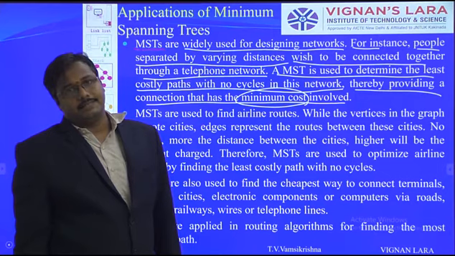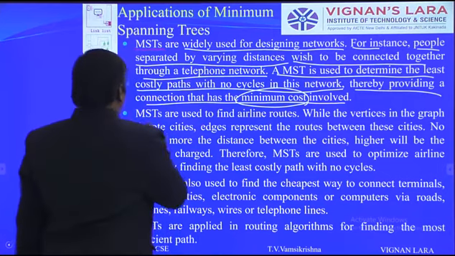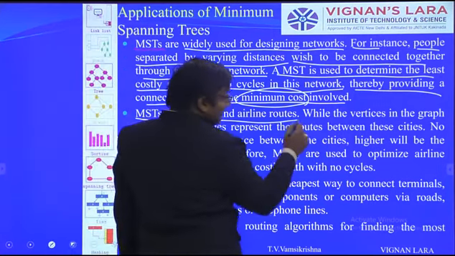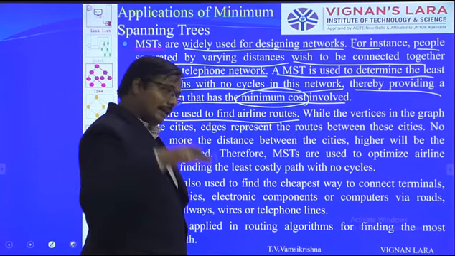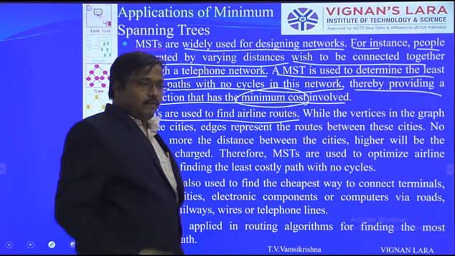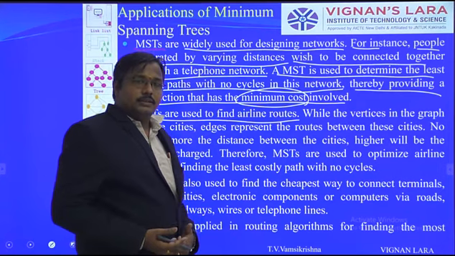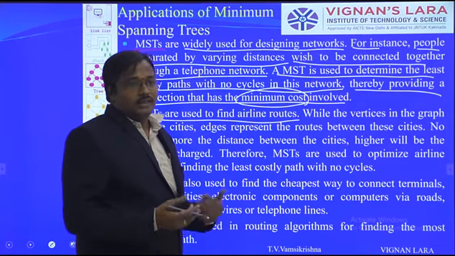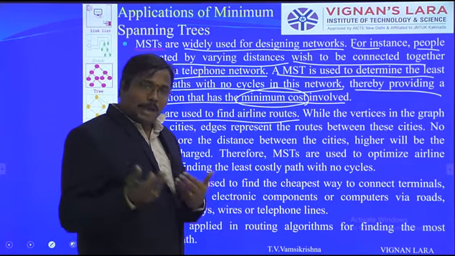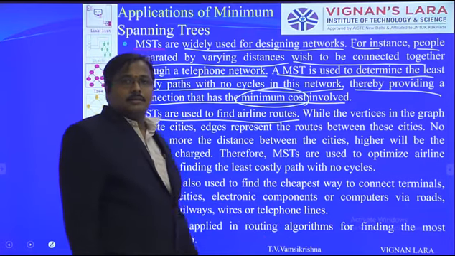Optimal utilization. And second, MSTs are used to find airline routes also. In airline traffic, when we obtain the minimum distance, we are saving fuel and a lot of time for passengers as well as other people.